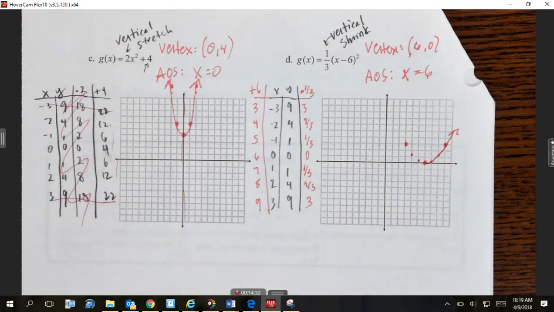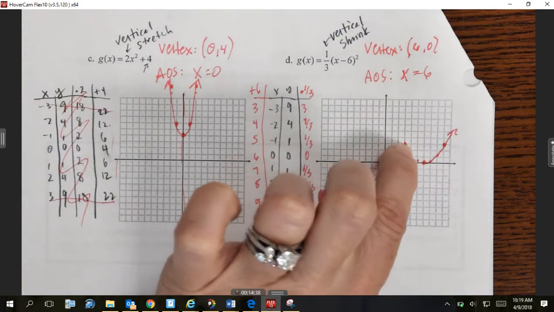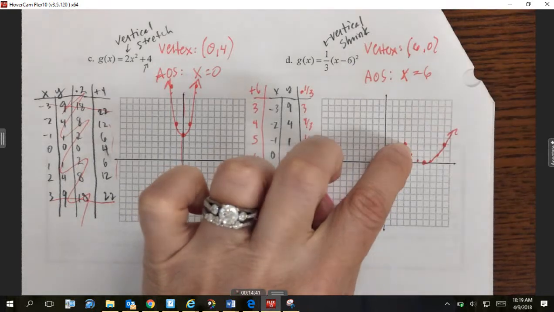Alright, when I go to connect this, looking on the left side of my graph, if I only connect to this point, that's not good enough because I want you to connect all the way through.